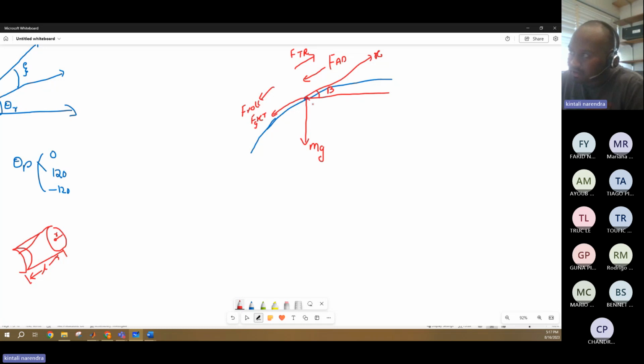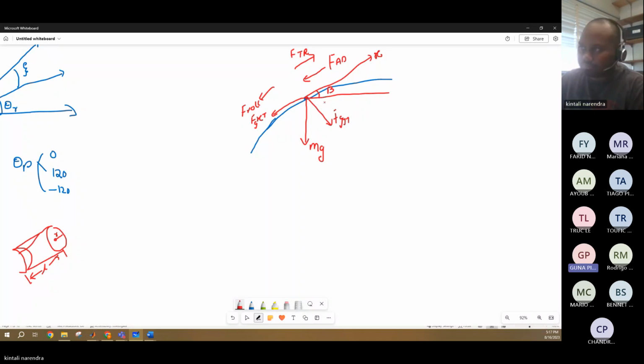This mg we need to resolve into two parts: one is FGYT, another one is FGXT. These are the forces in general which are acting on your vehicle whenever you're moving forward with the force F.